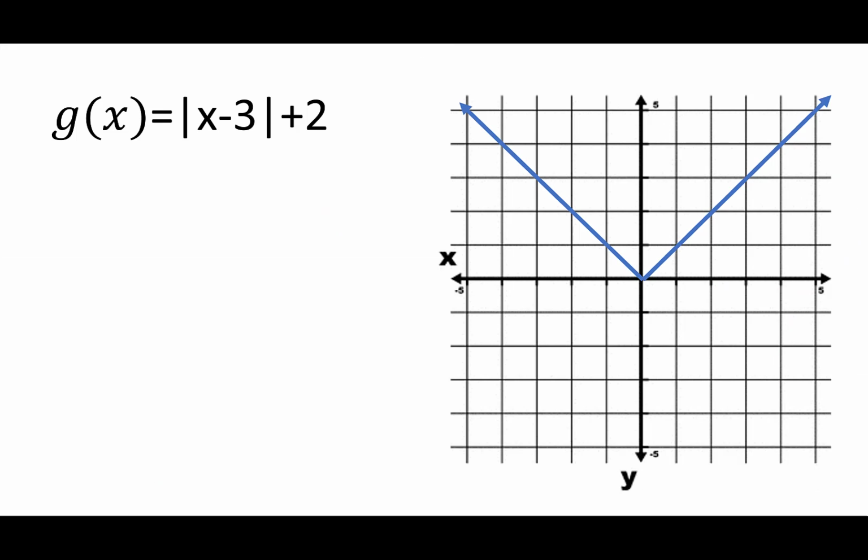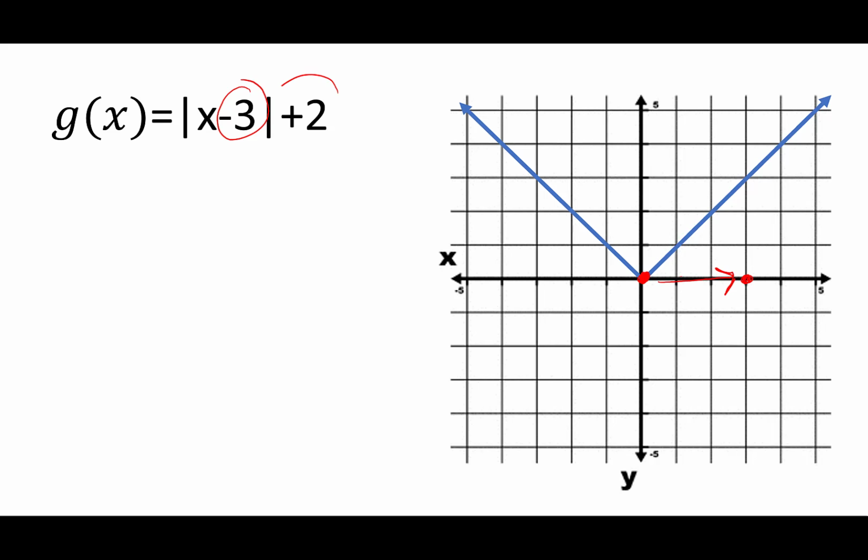All right, so we're going to look now at what we have when we have a double transformation. All this is, I'm going to work what's in the absolute value, and then I'm going to do what's outside the absolute value. Starting with what's in, remember, in is left and right. So in this case, I'm going to move right 3 units. I'm going to take the bottom point of my V, and I'm going to move that right 3.